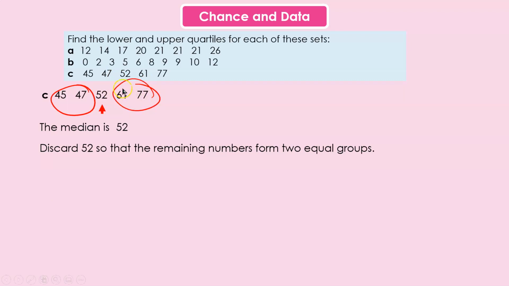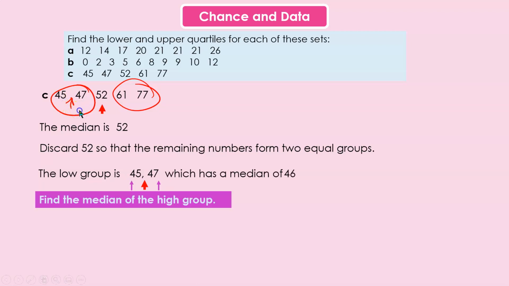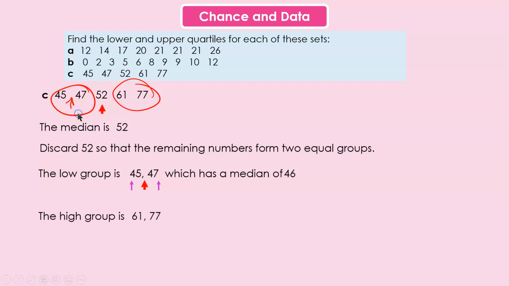Our higher group is 61 and 77. So we can find our median, which halfway between there is 46. And the upper group is 61 and 77. Again, cancelling to the middle, which has a median of 69.